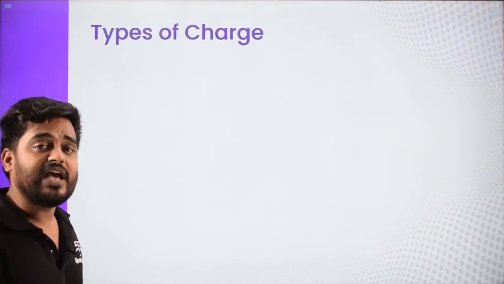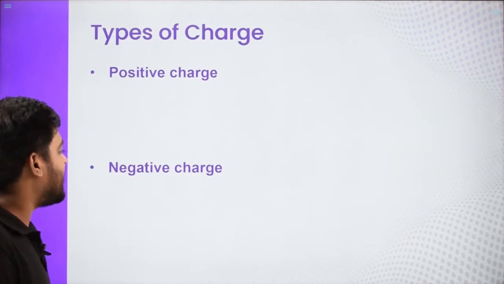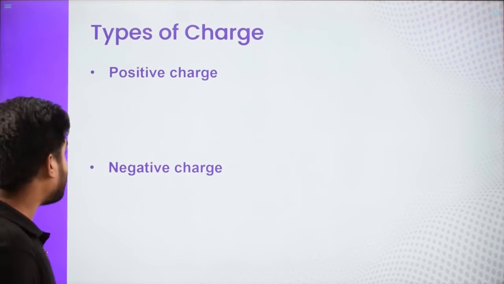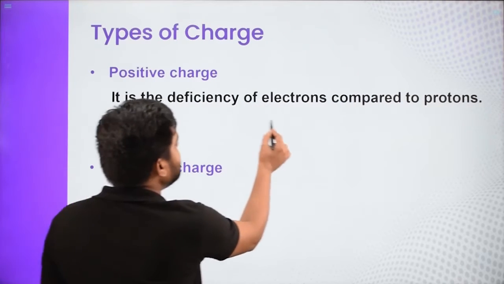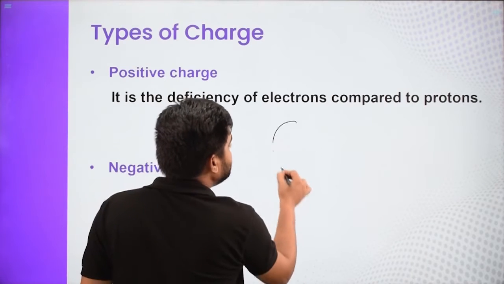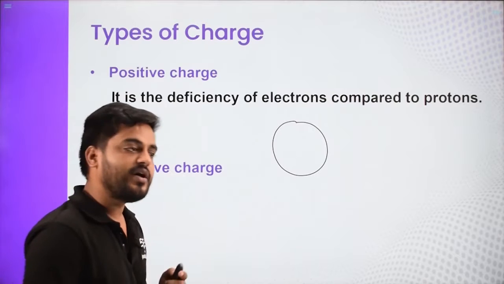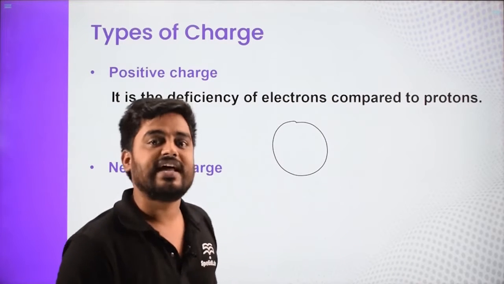If we talk about the types of charges, there are two types of charges. One is positive charge and another is negative charge. What is positive charge? It is the deficiency of electrons compared to protons. Generally in any atom, the number of protons and number of electrons are equal, right?